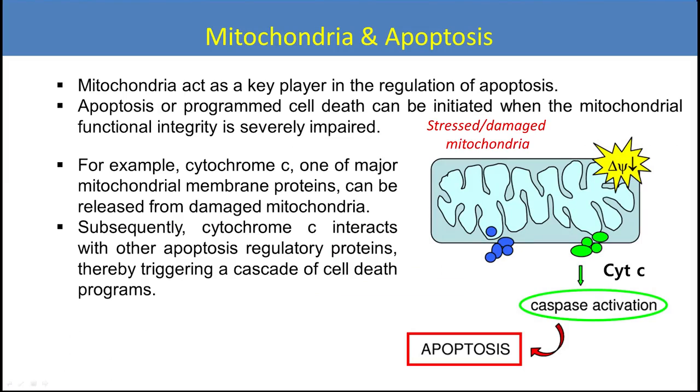So far, I focused on the main functions of mitochondria in the context of bioenergetics. Indeed, mitochondria is the so-called energy factory for your metabolic systems. On top of that, very recently, mitochondria can also be regarded as a key player in the regulation of apoptosis, which is defined in another way as programmed cell death.